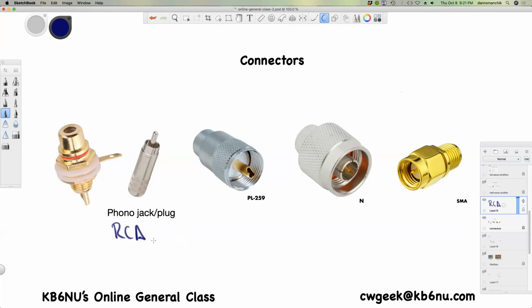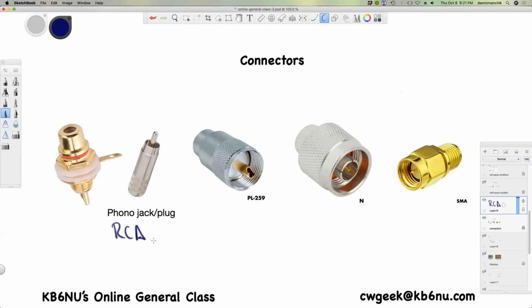And we still use these for audio a lot. The next three are all RF connectors. The PL259 is the most commonly used RF connector to connect antennas to radios. The N connector is getting to be more popular, and the reason for that is it's really a better connector. It can be waterproofed, and it presents a much more controlled impedance to a signal than does the PL259.